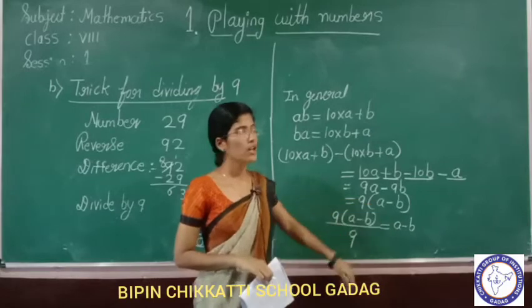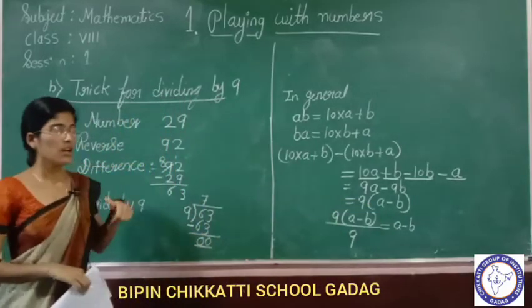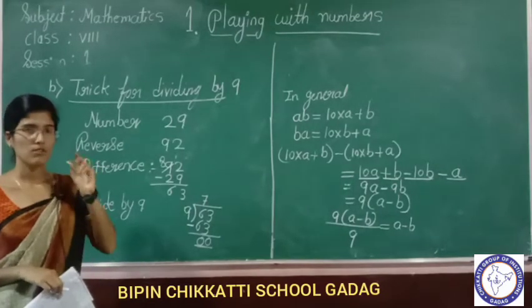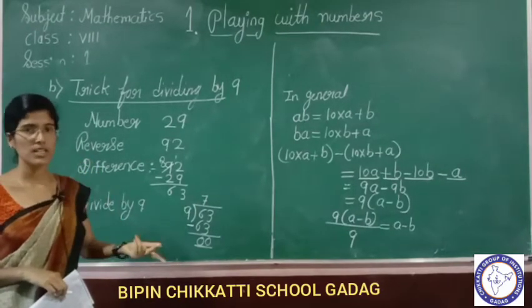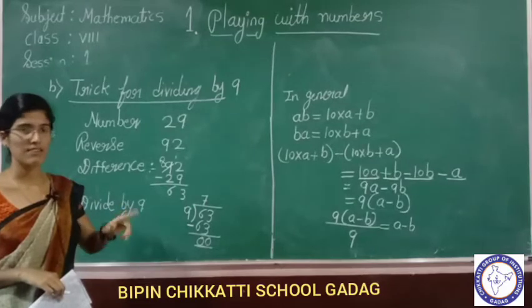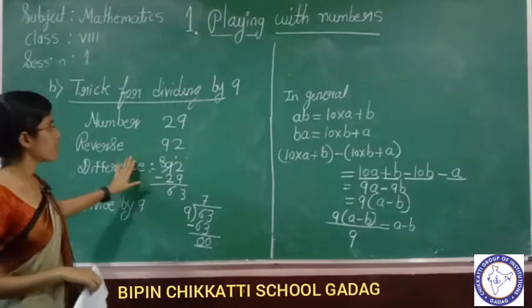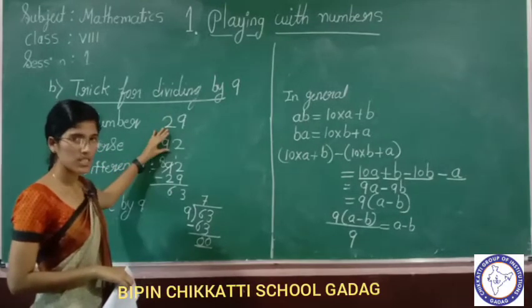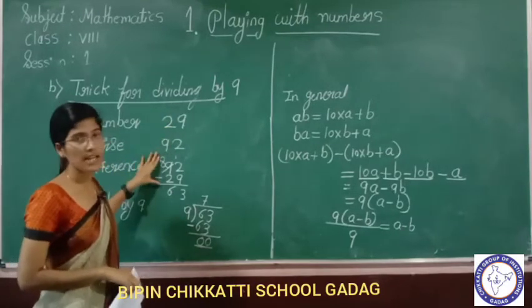Understood the trick? Now once more I will repeat. For the trick for dividing by 11, we have to take the number, reverse the number, add the number and divide it by 11. But for 9, what we have to do? Take the number, reverse the number, do the subtraction.